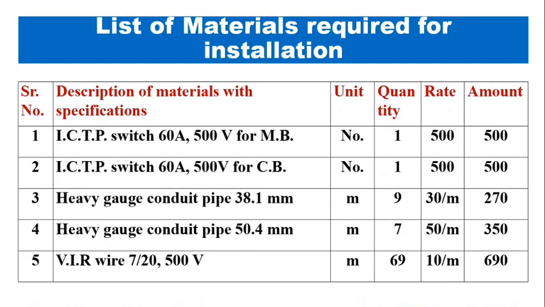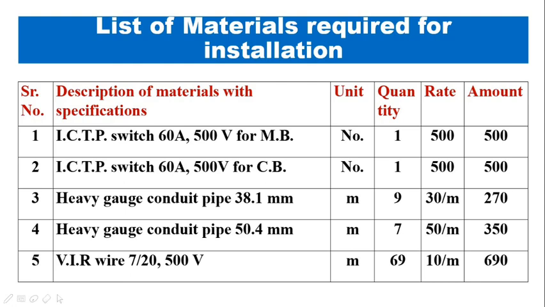First, you have to prepare a table. In the table, first you give the name of the material with its specification. Then you give its unit, whether it is in numbers or in meters. Then next is quantity, how many you will require.